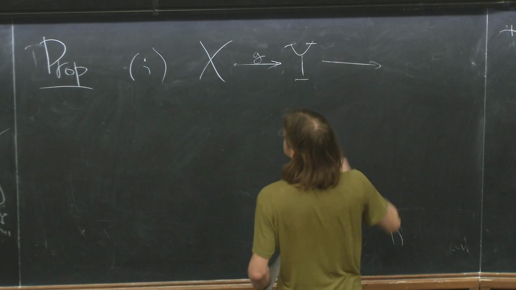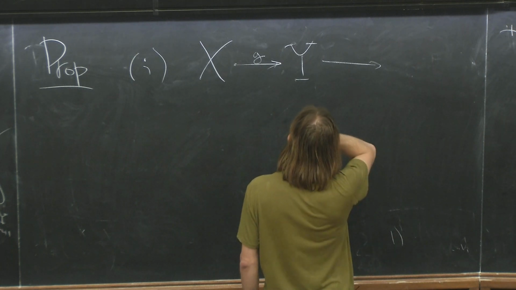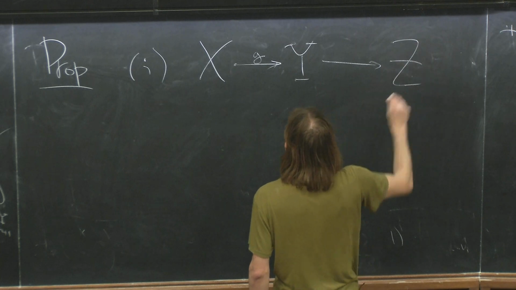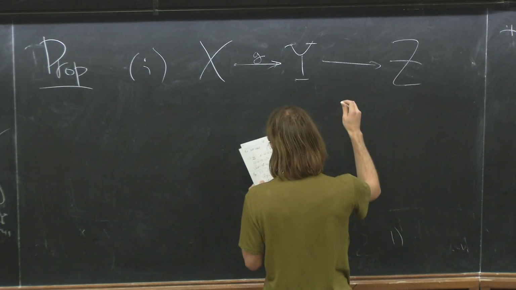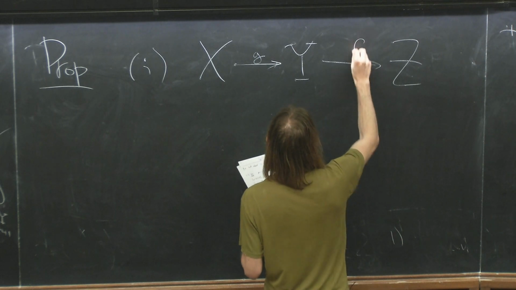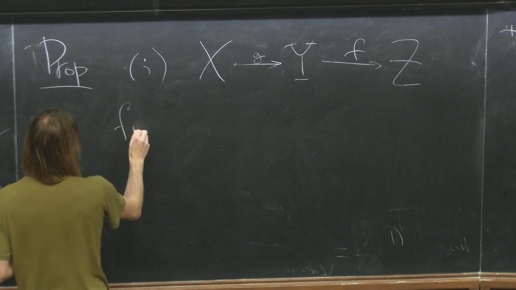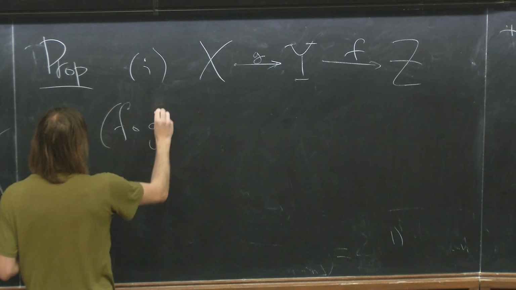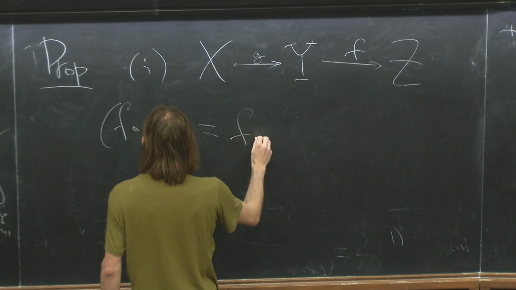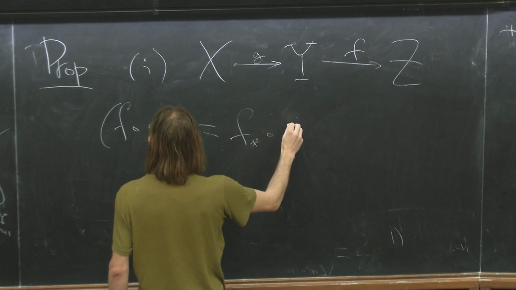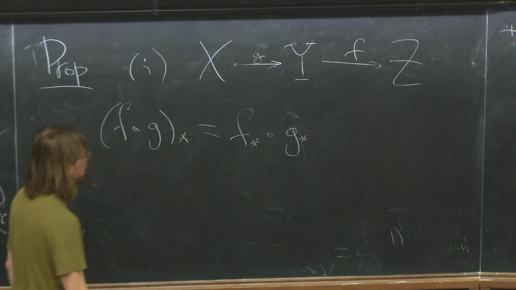The first property: suppose we have a triple of topological spaces X, Y, and Z, and a map G from X to Y and F from Y to Z, and then the statement is that the push forward of the composition is the same as the composition of push forwards.